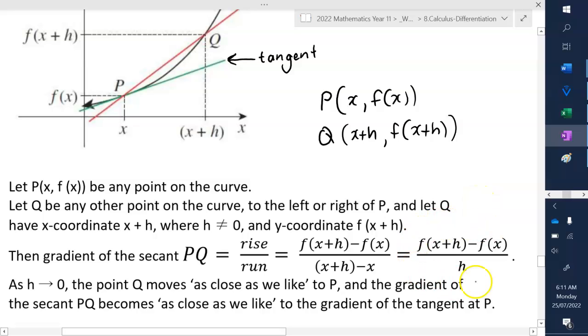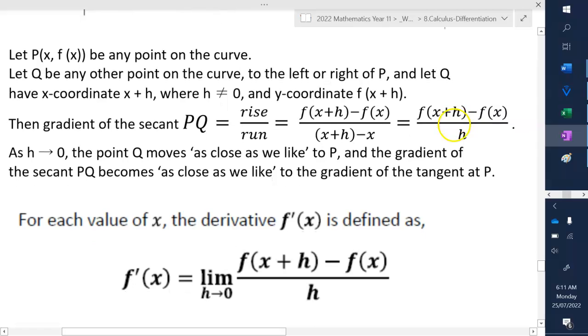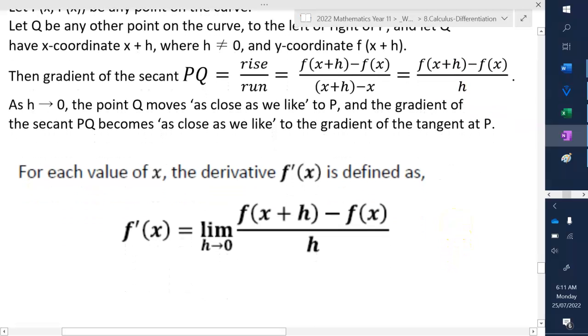Here's the formula we came up with, but h is going to get really close to 0, but it can't be 0 via this formula because we can't divide by 0. It's just going to go towards 0. So what we're going to use for our first principles formula is that for each value of x, the derivative f dash of x, remember that's the notation we used for our derivative last lesson, f dash of x is defined as the limit as h goes to 0 of f of x plus h minus f of x over h.